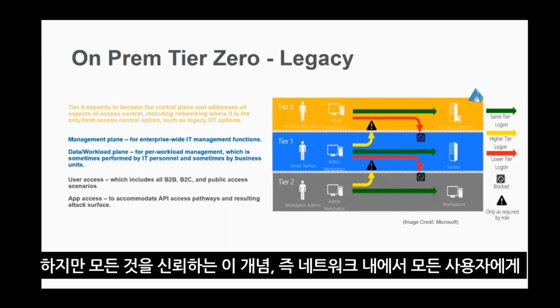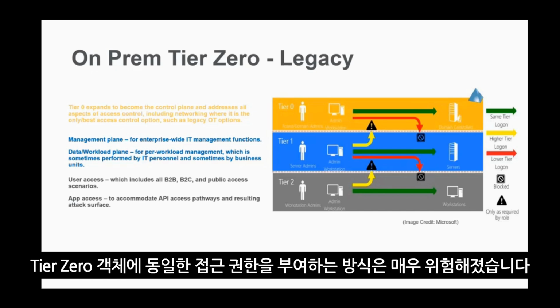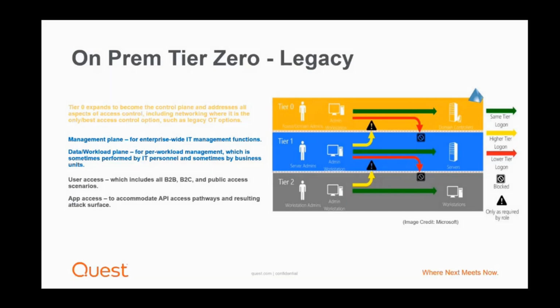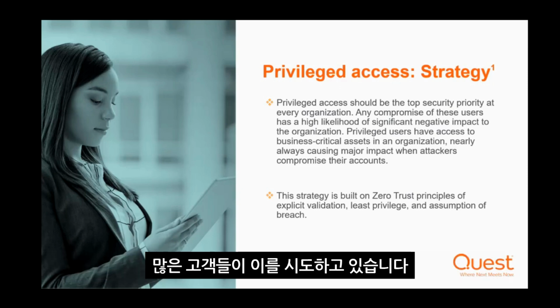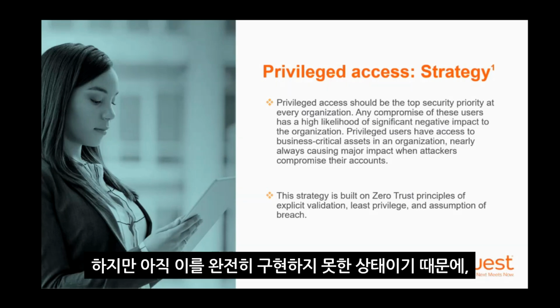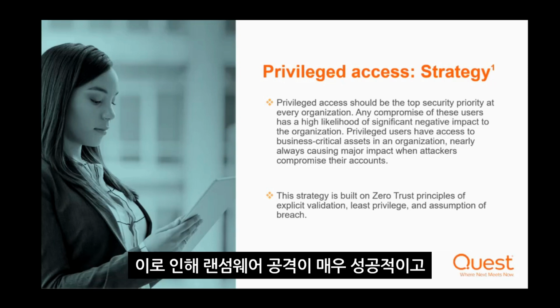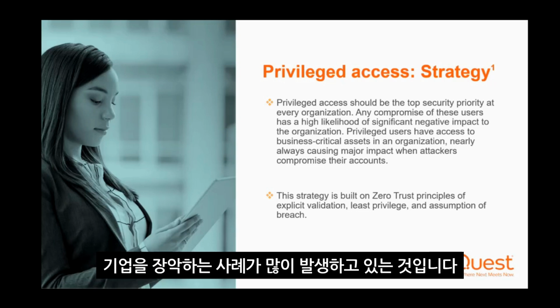This trust-everything concept of having each one allowed to have essentially the same access on the network to Tier 0 objects became very dangerous. So this is why we are talking to customers to try to move them away from that. And a lot are trying, but they still haven't done it yet.